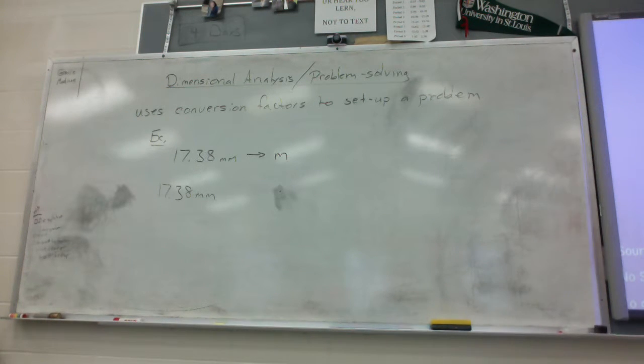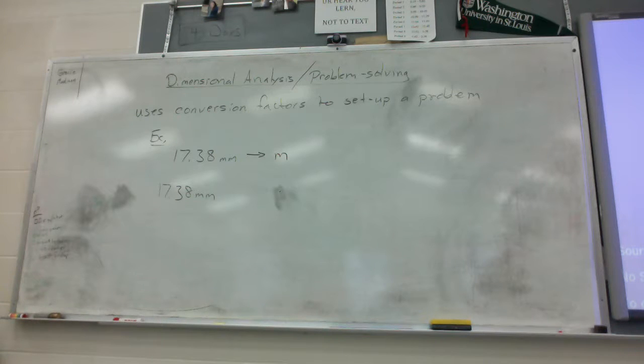Let me help you out here. How many years are in a decade? 10. Deca means 10. Deci means 1/10. How many years in a century? 100. Centi means 100th.